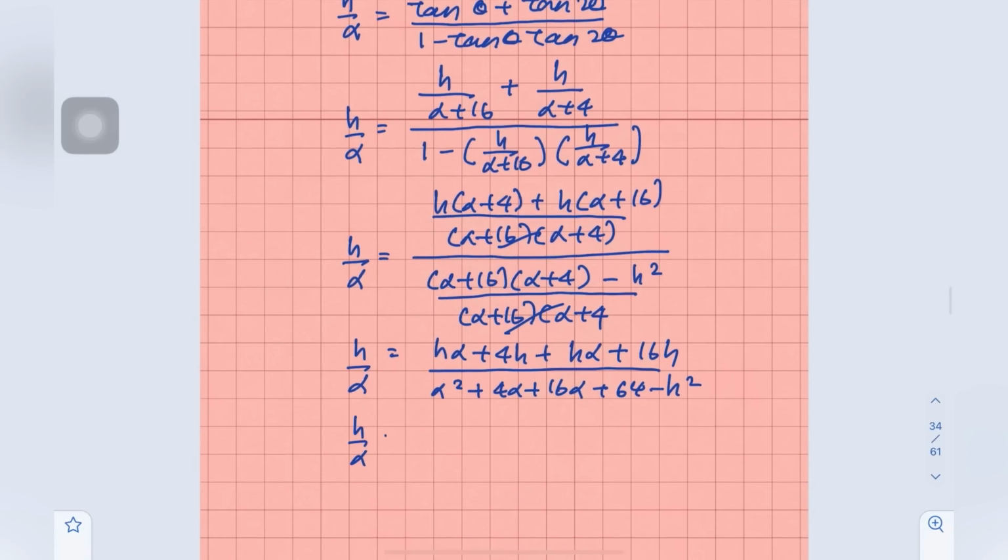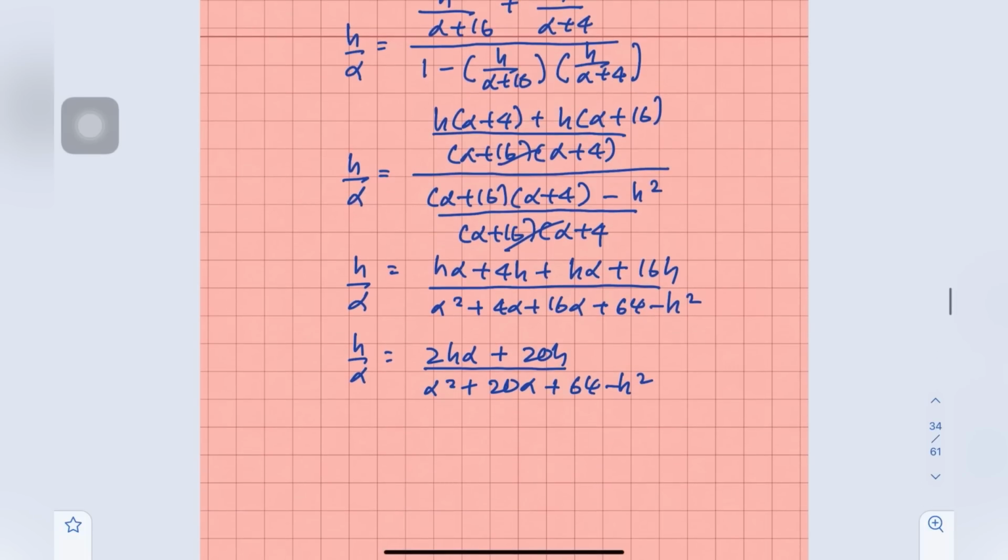H over alpha is 2H alpha plus 20H, over alpha squared plus 20 alpha plus 64 minus H squared. Okay, so we can factorize.